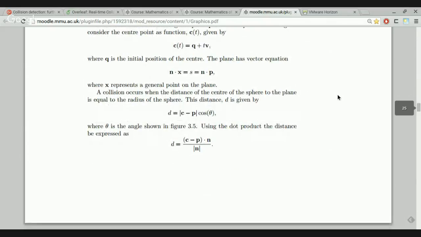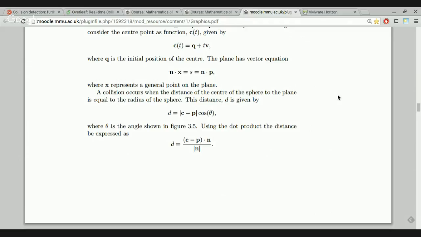So then we just worry about where cosine of theta comes from in the vectors. Well, cosine of theta arises when you take the dot product of the two vectors at the angle theta. The two vectors we can use there are C minus P and N. So when we take their dot product, we get the cosine of the angle theta coming back.